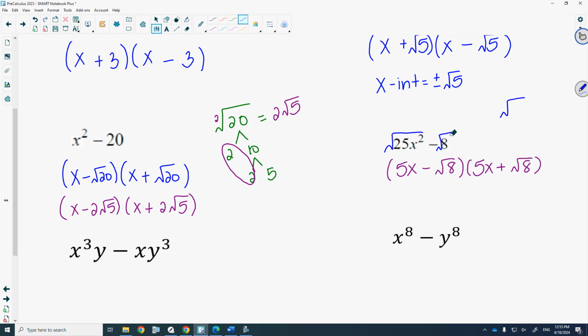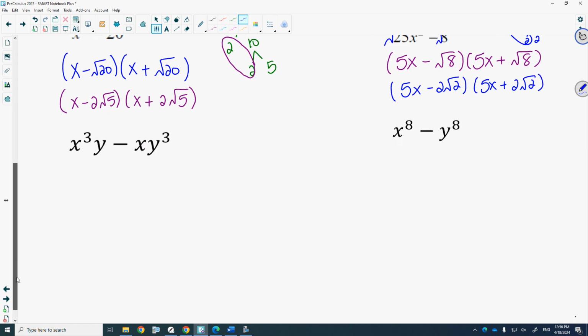Now the square root of 8 is going to be 2 root 2. So this factored would be 5x minus 2 root 2, and this guy would be 5x plus 2 root 2.